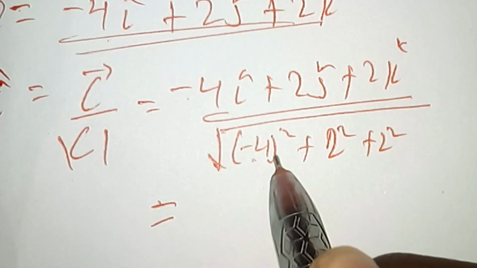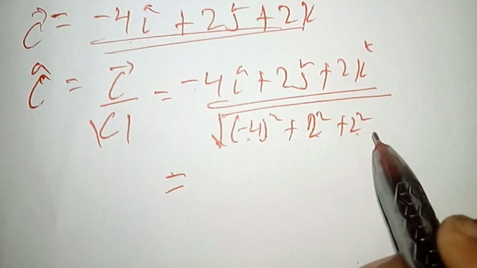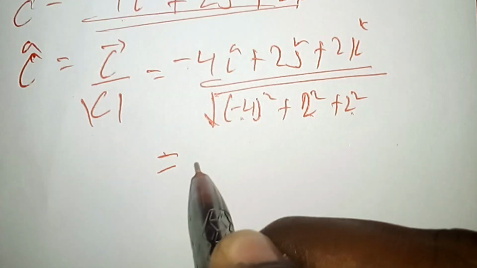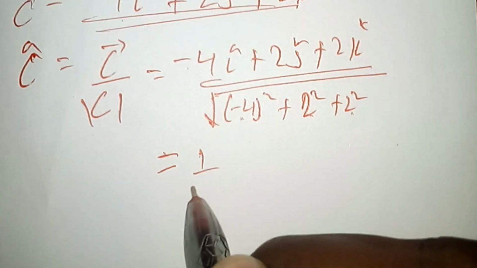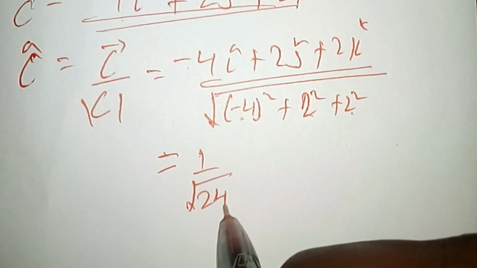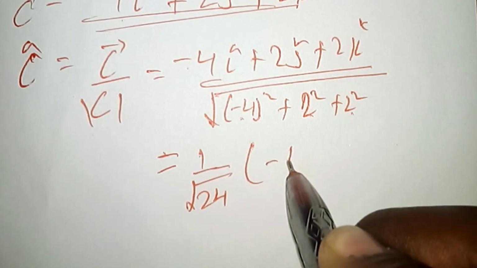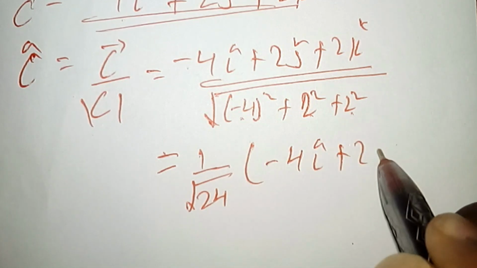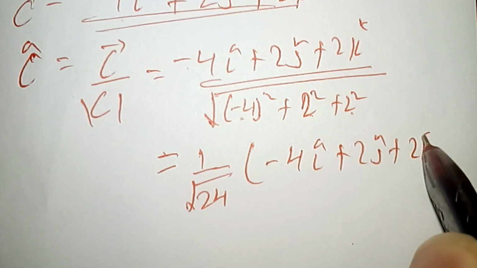This is 16 plus 4 plus 4, which is 24, and the radical of 24 into minus 4i plus 2j plus 2k.